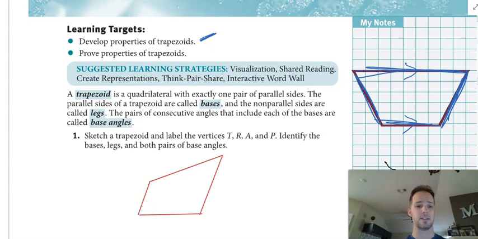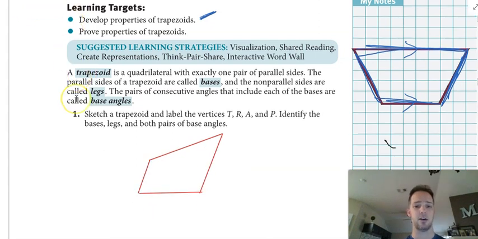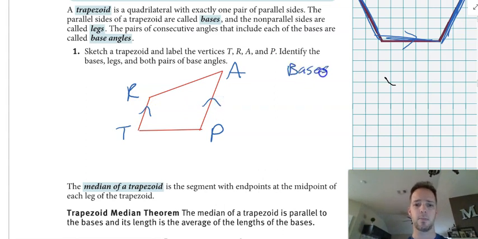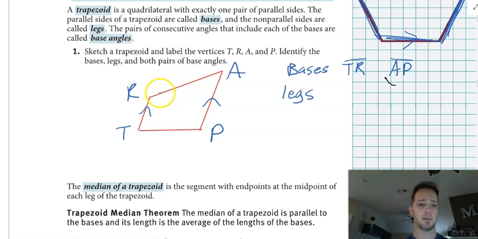Let's go ahead and sketch a trapezoid, label the pieces T, R, A, P. Here it says identify the bases, the legs, and both pairs of base angles. Okay, so the bases would be the parallel pieces. The bases are TR and AP. The legs would be the other two pieces here, so RA and TP.